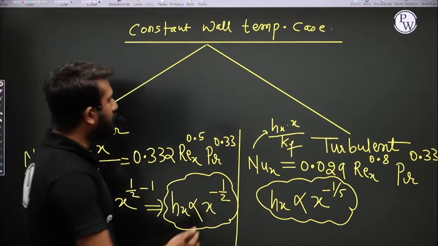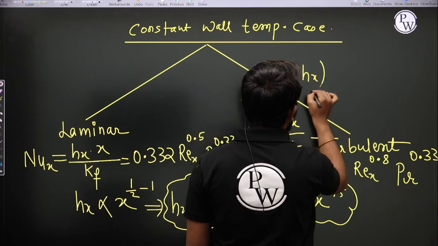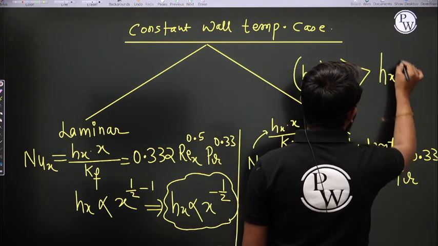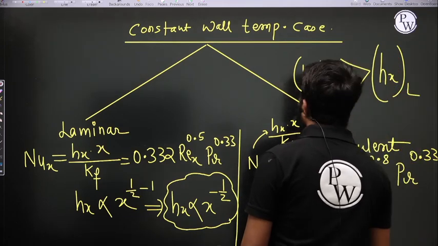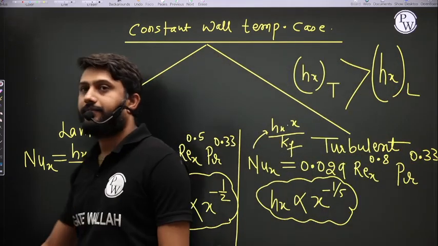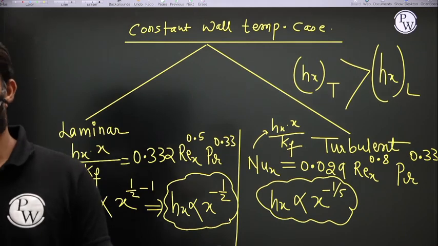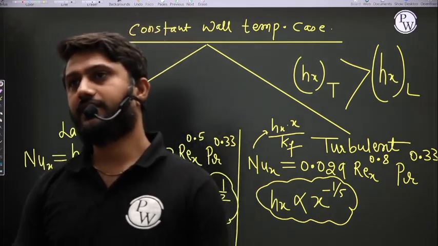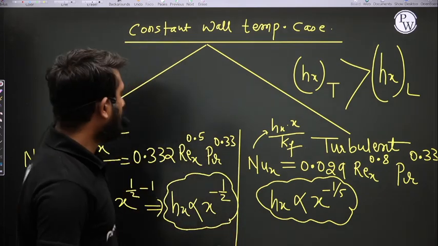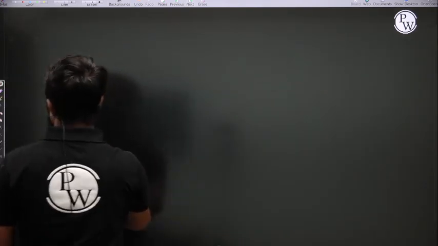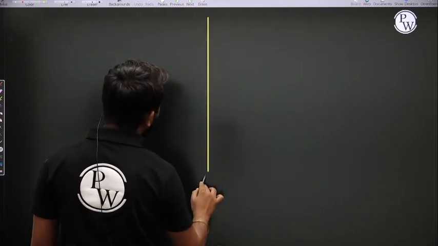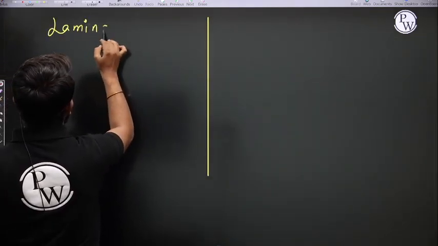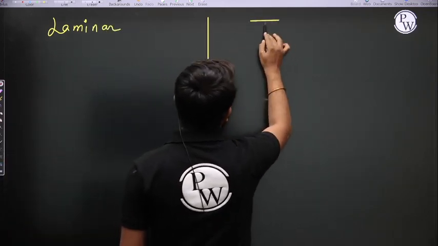This is also true: h_x for turbulent is always greater than h_x for laminar. Is it clear? Okay, now come to the second part. Again, on this side laminar and on this side turbulent.